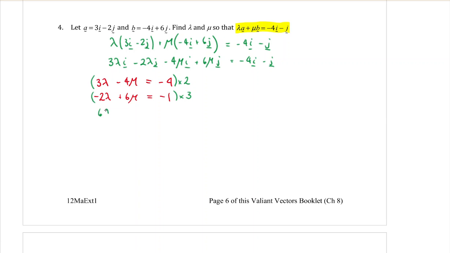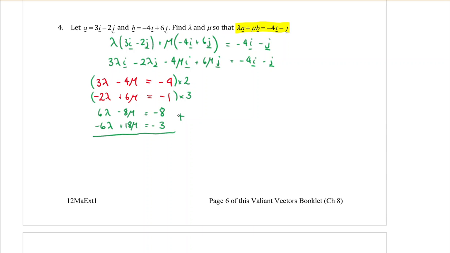I get 6 lambda minus 8 mu is equal to negative 8. Timesing the 3 through, I get negative 6 lambda plus 18 mu equals minus 3. And now that I've made them both 6's in front of the lambda, I can add those two equations to make them cancel out.